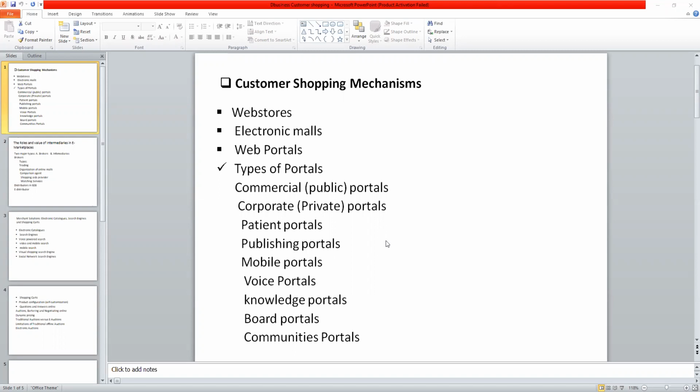Similarly, for collaboration and decision making for boards, committees, and executive leadership teams, board portal software transforms the workflows by digitization. Previously, we used to have paper-based corporate governance processes, but today they have been replaced by these board portals.